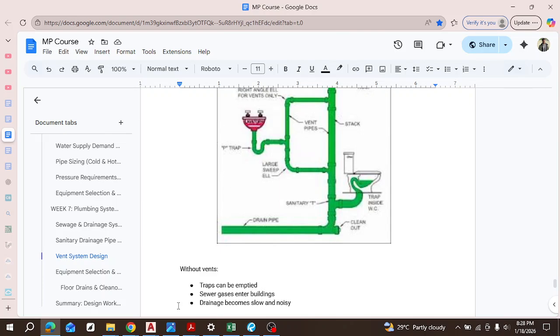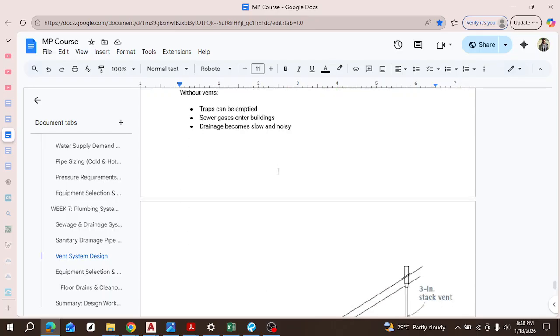Then the drainage becomes slow and noisy. Like I mentioned, when water goes in, air goes in with it, so that air needs to escape, right? If air does not escape, it makes the flow of the sewage turbulent and unstable, causing noise, and it is not efficient basically.